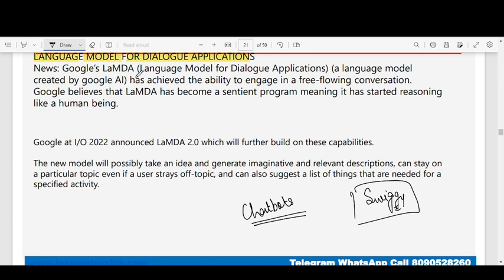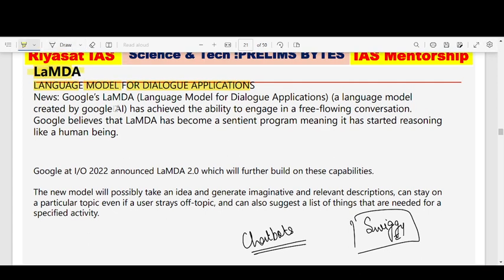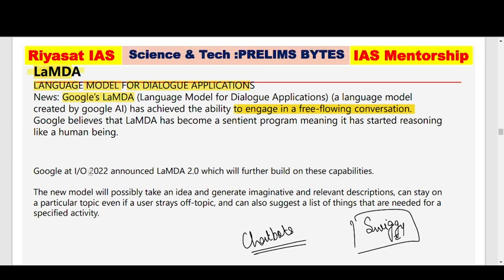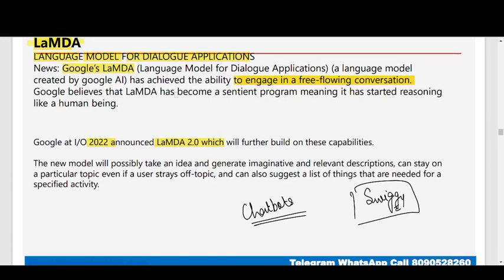In that way, Google has launched LaMDA. LaMDA is of Google, which has the ability to engage in free-flowing conversation, like a chatbot used to do. Clear? Recently, in 2022, Google announced LaMDA 2.0, an advanced version of the earlier LaMDA. The new model can take an idea and generate imaginative and relevant descriptions, and can stay on a particular topic even if a user strays off the topic.